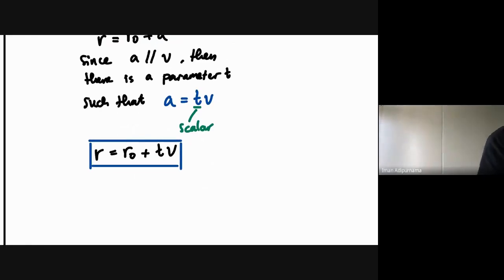So we call this the vector equation of L, or of the line.